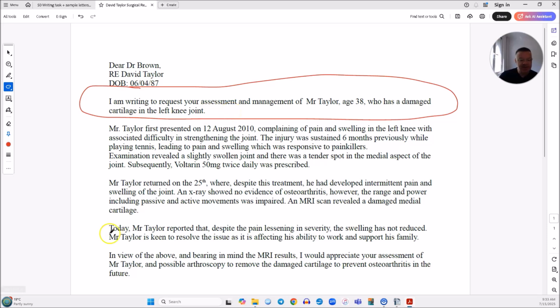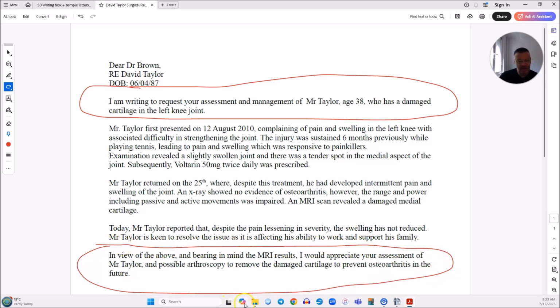Now you restate the purpose at the bottom. MRI, appreciate your assessment, possible arthroscopy, remove the cartilage to prevent osteoarthritis in the future. So what the criteria says is purpose, immediate, and then you restate it at the bottom, sufficiently expanded.